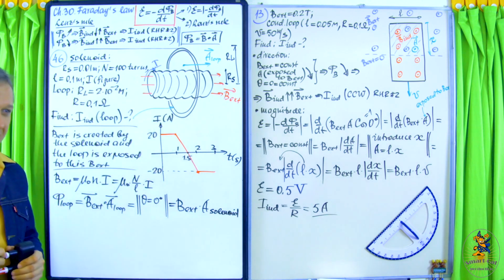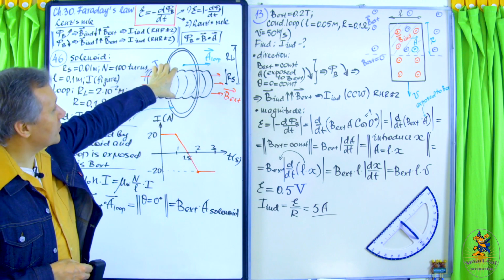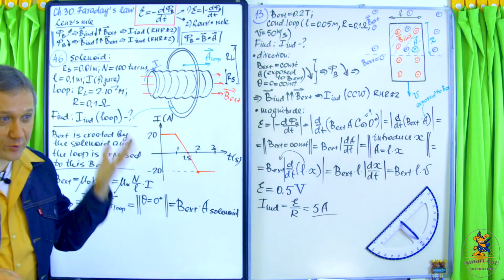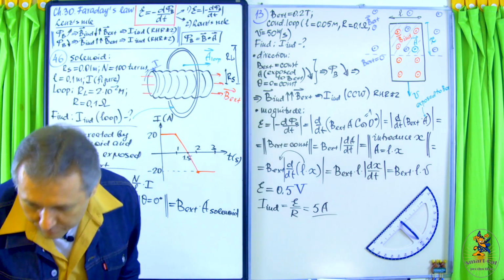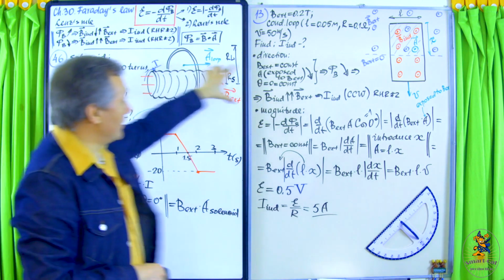So only that part of the loop, whose area is equal to the area of the solenoid, is exposed to the magnetic field.